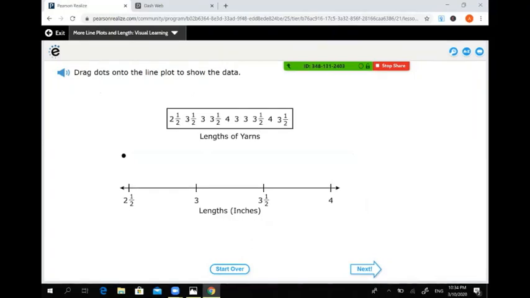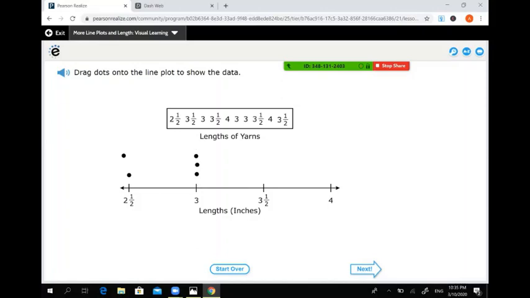First of all, let's see how many 2.5 do we have? Only 1. So I will drag 1 point only to 2.5. Let's see 3. How many 3 do we have? 1, 2, and 3. So I will drag 3 points into the length 3 inches, because we have 3 yarns with a length of 3.